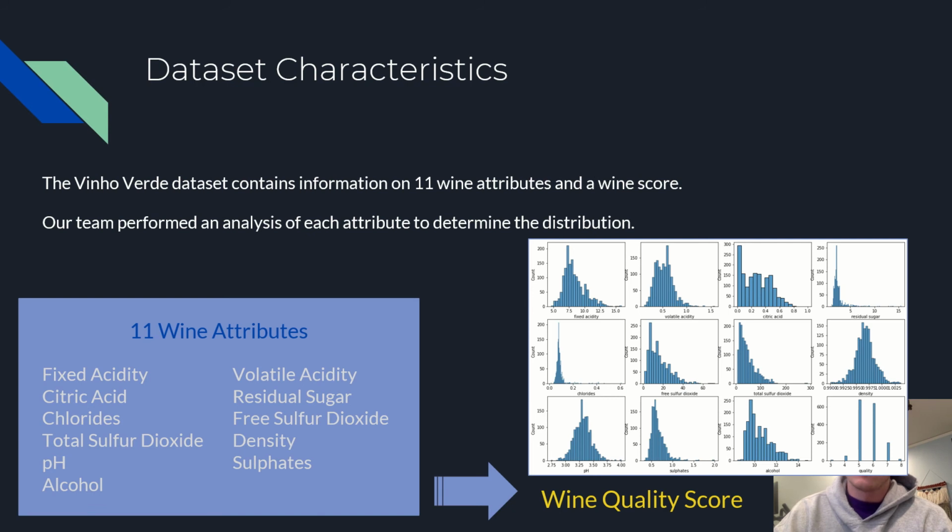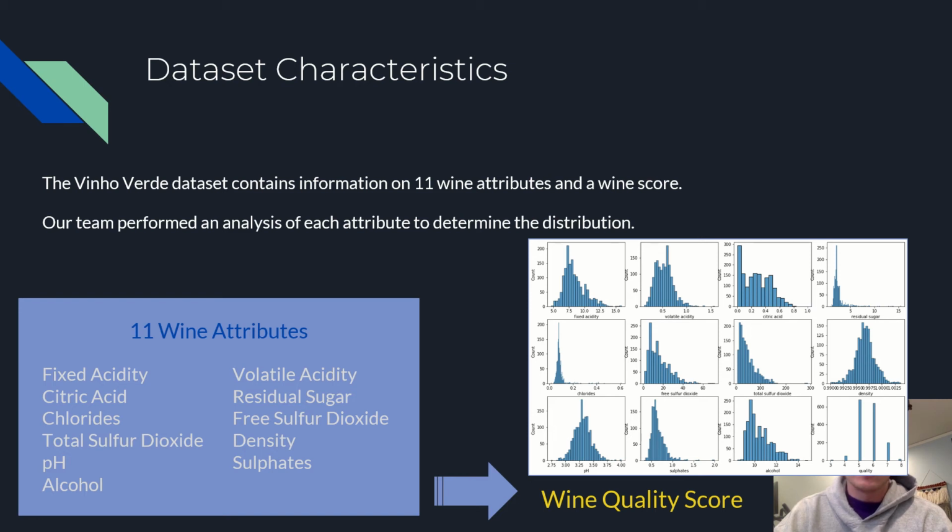The Vino Verde wine set contains over 1,500 wines, along with their attributes and scores. In this case, the attributes are considered the inputs for the model, and the wine quality score will be the output, or what we are working to predict.